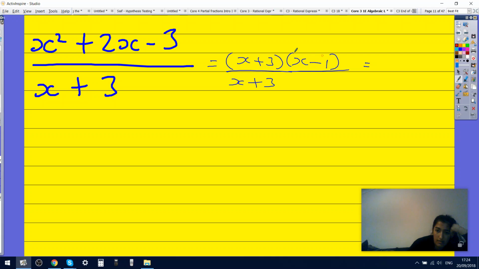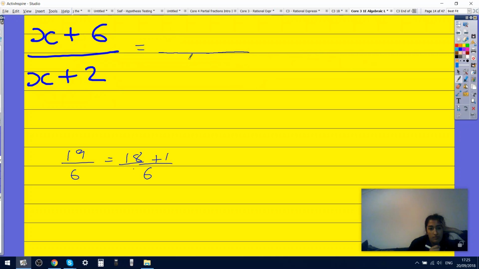Or if the top was to factorize, what would need to be on the top to simplify it with the bottom? x plus 2. And so the top, what if I wrote it as x plus 2? What else would I have to write to make it equal to what it actually is?